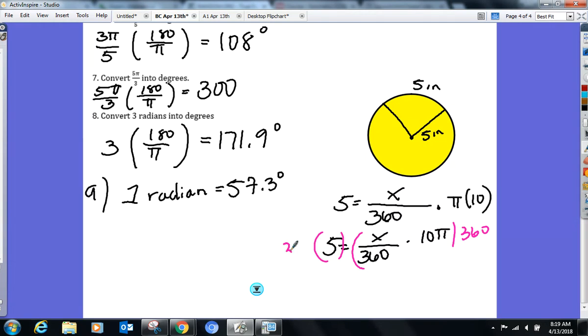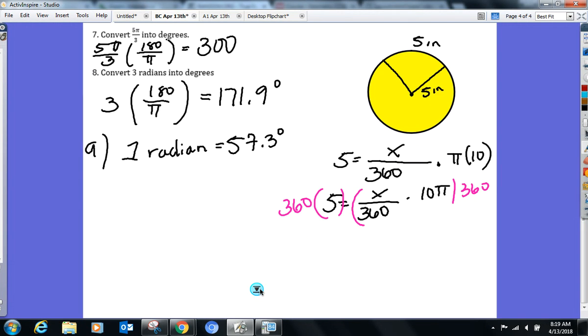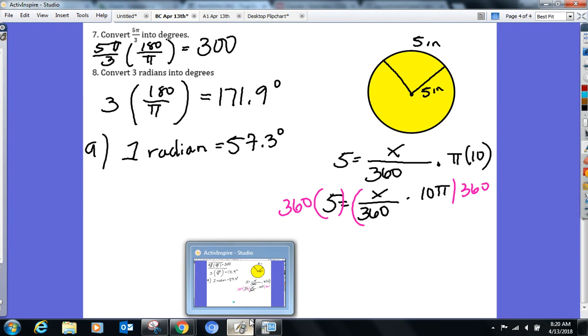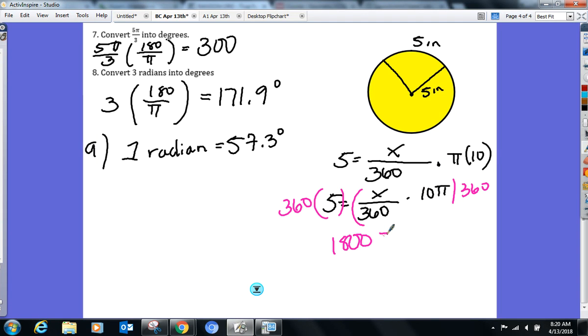I'm just proving a point here. So I have 360 times 5, 1800 equals 10 pi times x. What are you guys dividing both sides by? 10 pi.